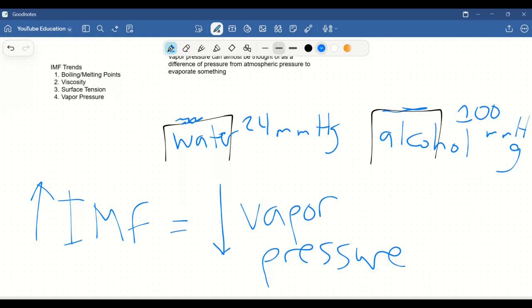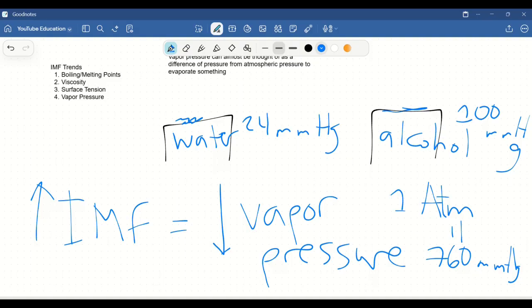Atmospheric pressure is equal to 760 millimeters of mercury. That means alcohol's vapor pressure is closer to the atmospheric pressure. That means because it is closer to atmospheric pressure, it will not require as much pressure or force to evaporate alcohol than water.